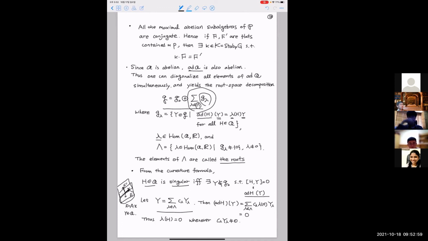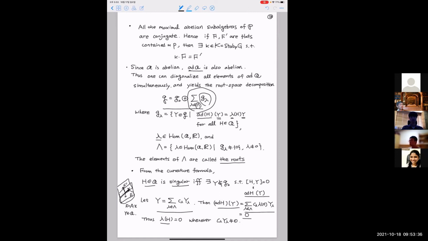Then you can compute the adjoint of H on Y. This means that for some lambda, whenever Y lambda is nonzero, the value lambda of H must be 0 to have the adjoint H of Y be 0.